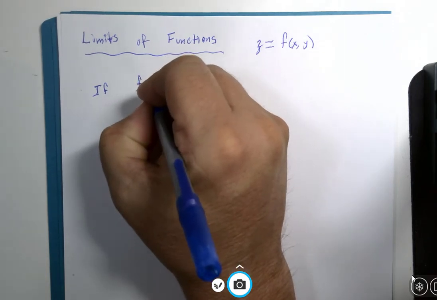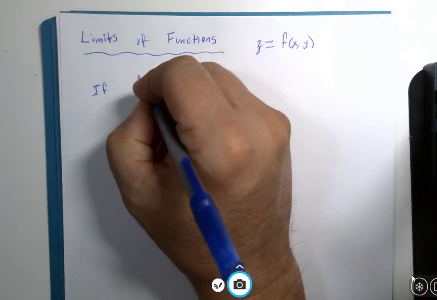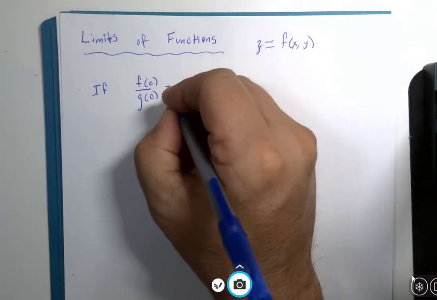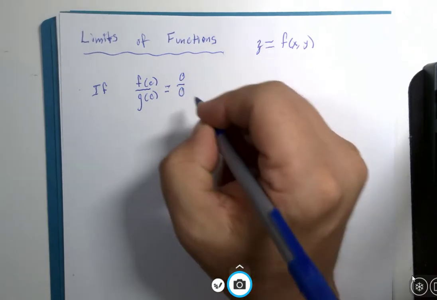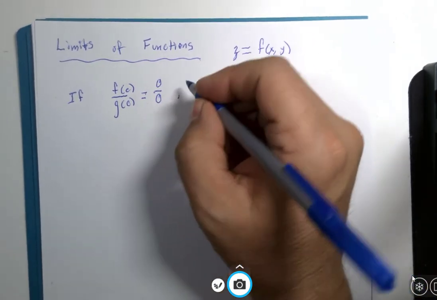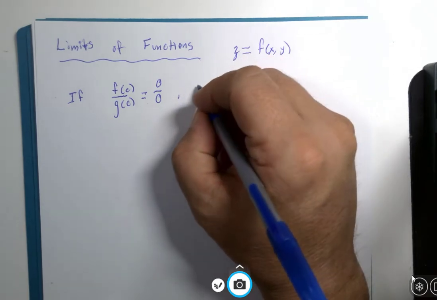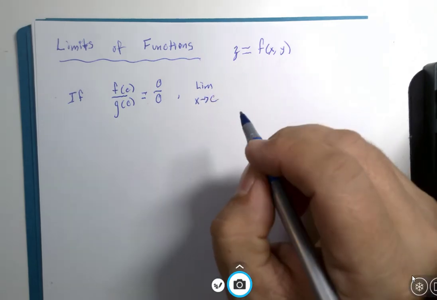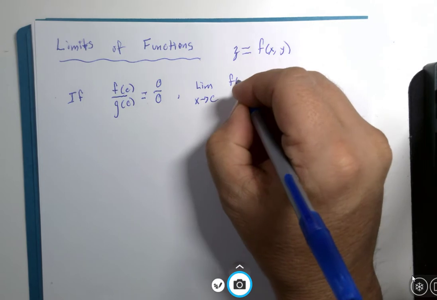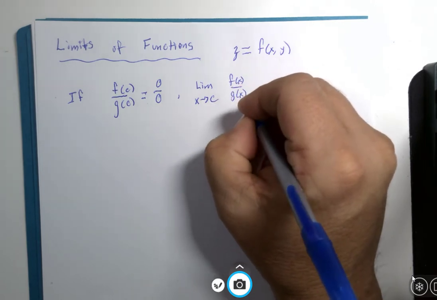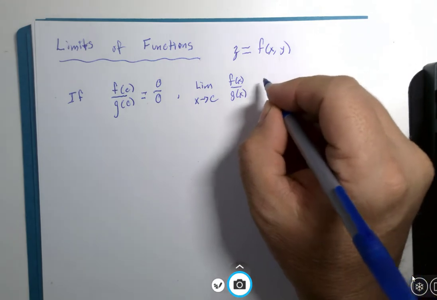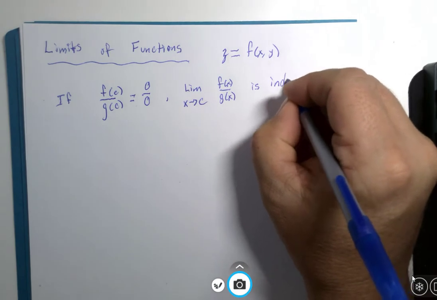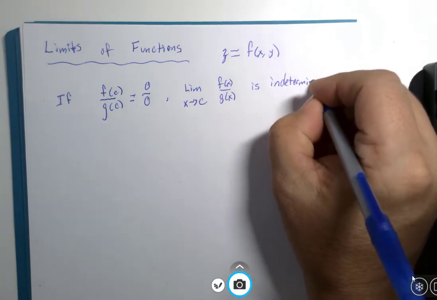If you had two functions and you substituted a value into both functions and you ended up with 0 over 0, then we would say that this limit as x approaches c of these two functions is, and the term was, indeterminate.